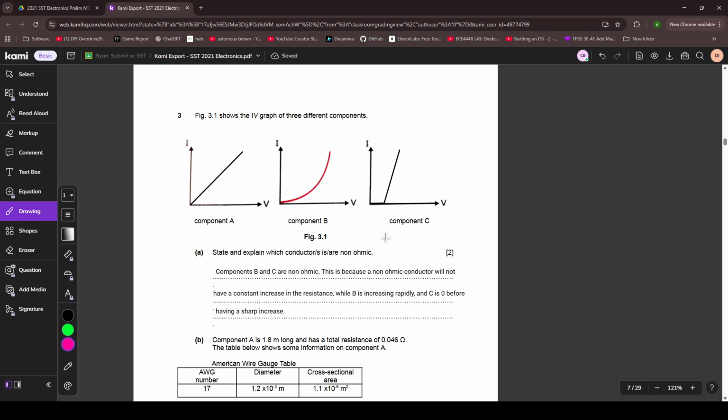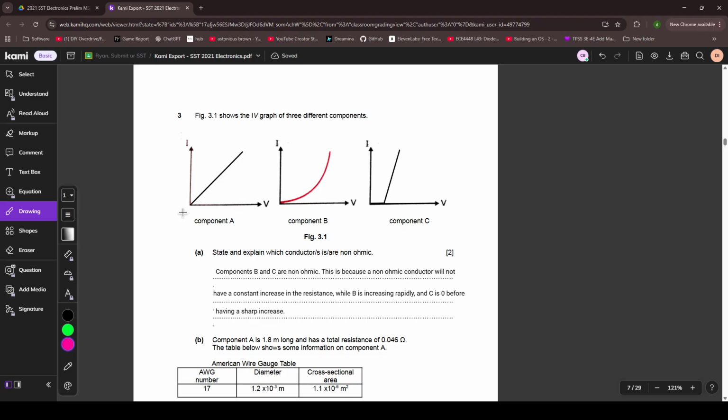The first statement: this is because a non-ohmic conductor will not have a constant increase in the resistance. Component A has a constant increase in the resistance, right? Oh wait, it doesn't. So I'm stupid.